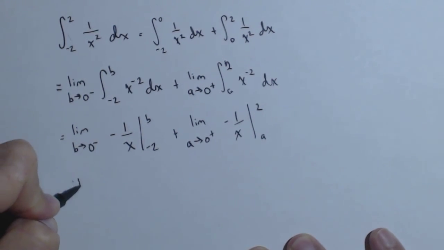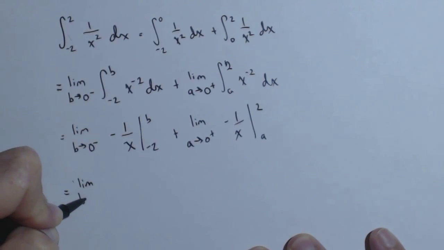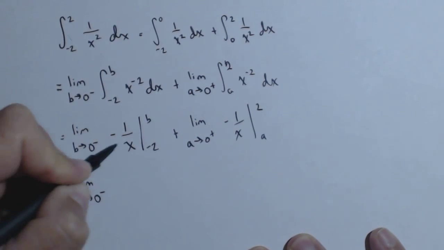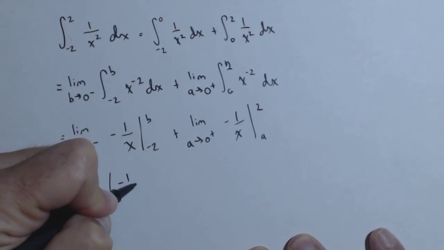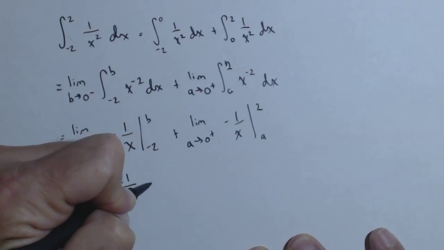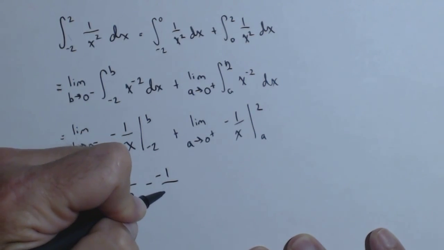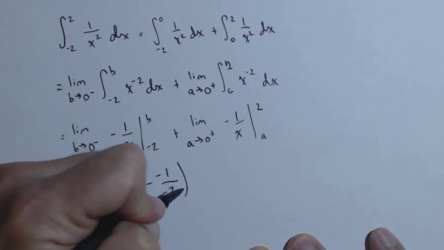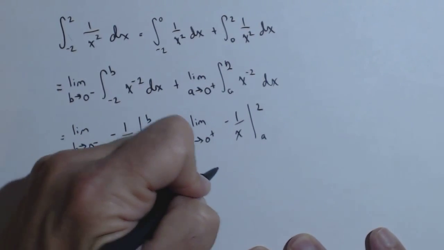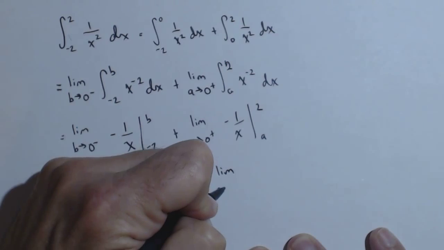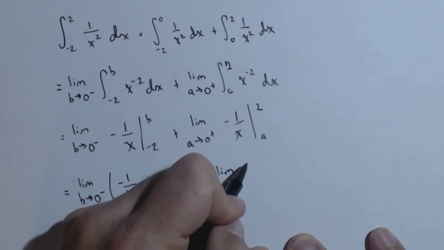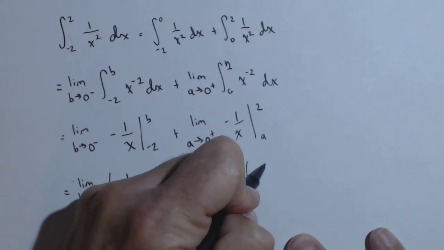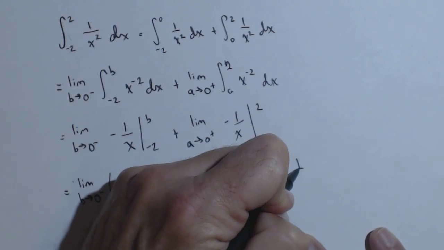But just to finish our structure here, limit as b goes to 0 from the left, I plug in my limits, so -1 over b minus -1 over -2, plus limit as a goes to 0 from the right of -1 over 2 minus 1 over a.